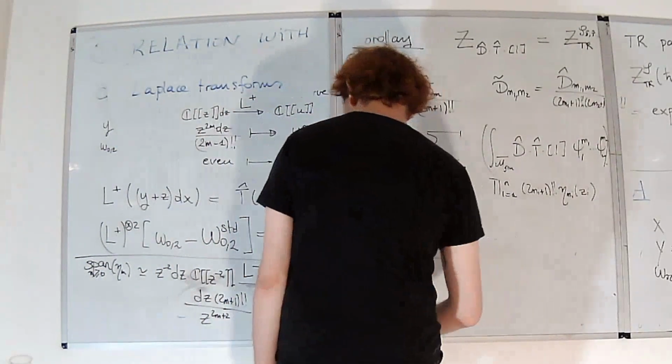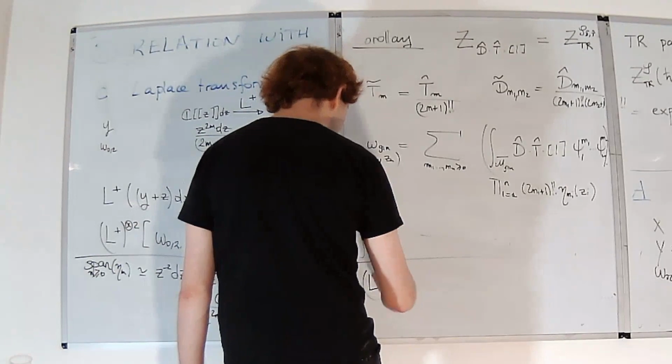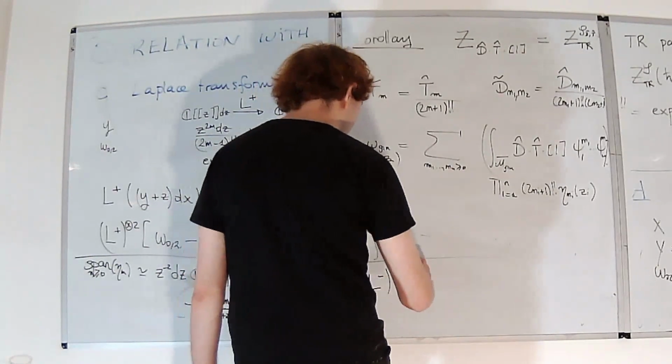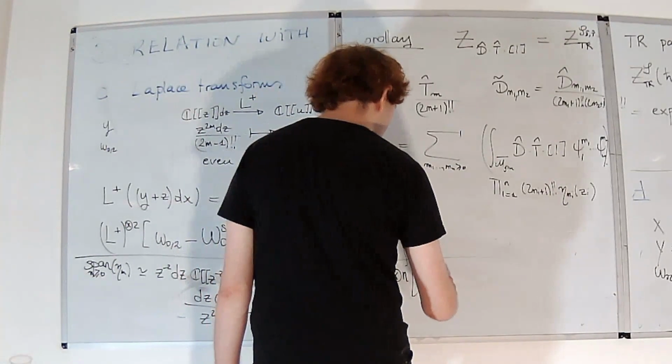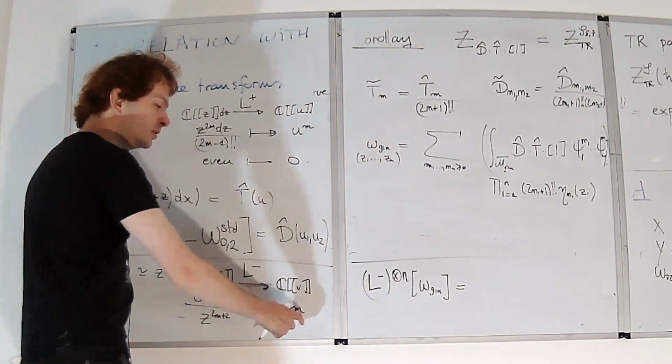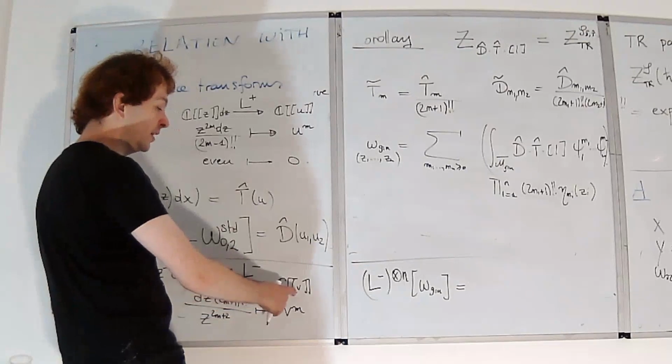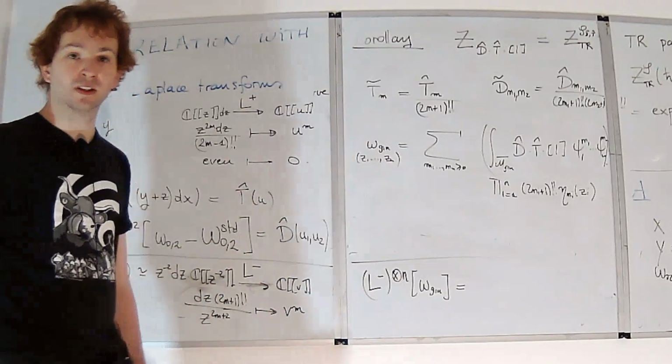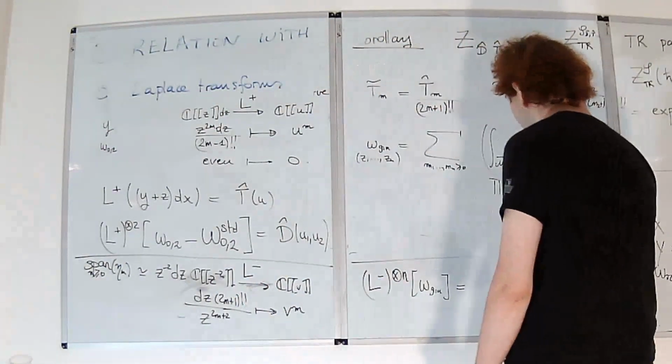Then I will have that L minus applied to each of the variables of omega g,n. I'm going to denote v_1, etc., v_n, the variables which I get by applying this map to each of the variables of omega g,n.